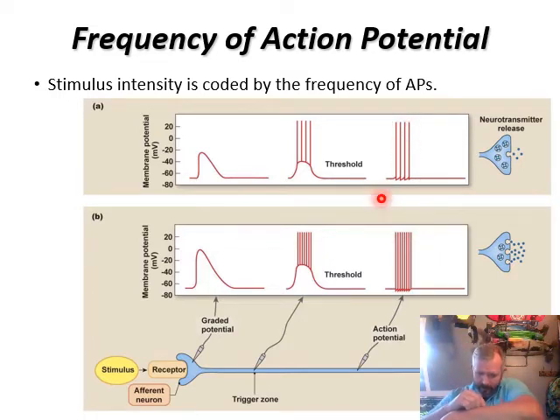Now, if I press down on that same area, those same touch receptors are getting a stronger signal, a stronger stimulus, and therefore higher frequency of signaling will take place in those neurons that are associated with those touch receptors. Okay, so again, stimulus is coded by how fast the action potentials are being sent, their frequency.